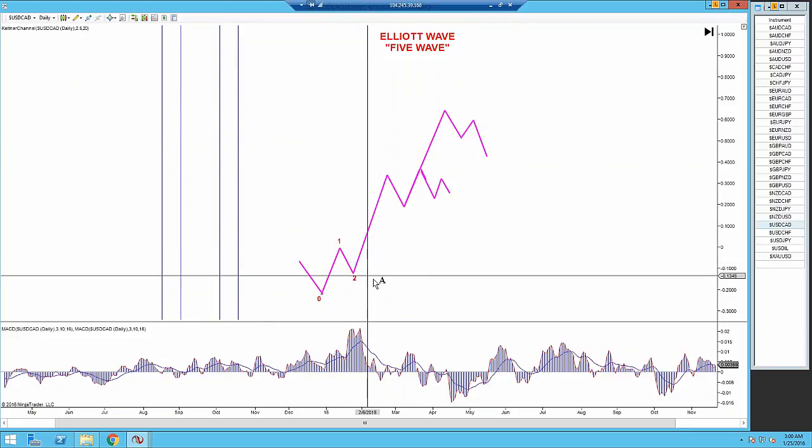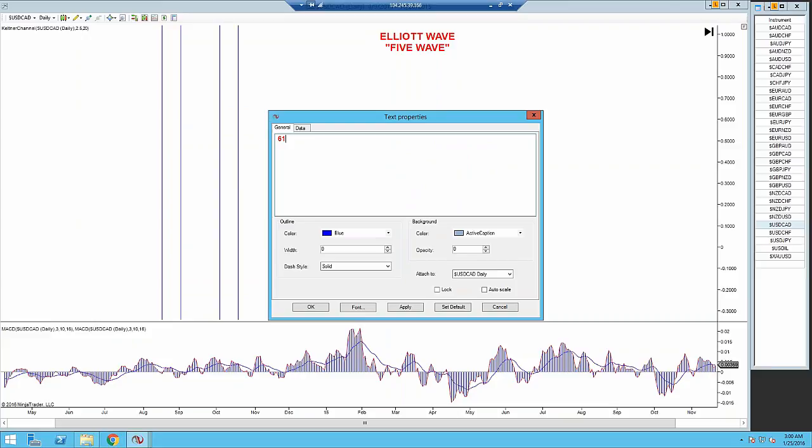That first wave can retrace around 61.8%. So it retraces 61% of 0 to 1. We'll just call it the 0 to 1 leg. Okay?